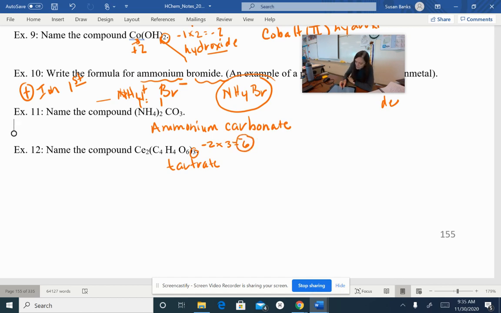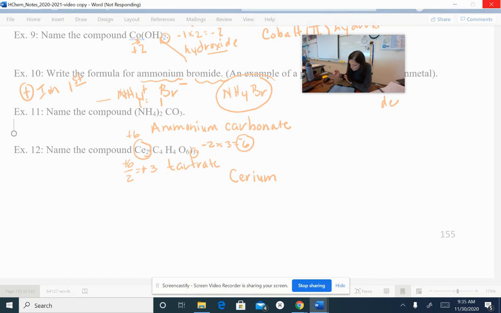Okay, so that means the positives here have to add up to +6. But I've got 2 of them. So +6 divided by 2 will give me a +3. So that means that each of the ceriums are +3. Okay? So I'm going to put the cerium, and I'm going to put the charge here of +3.